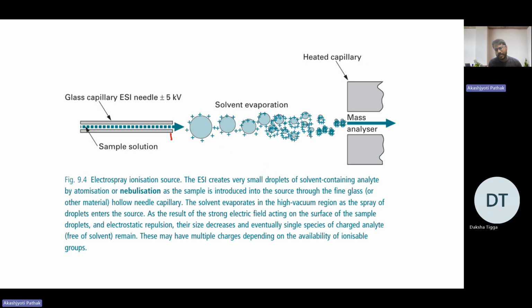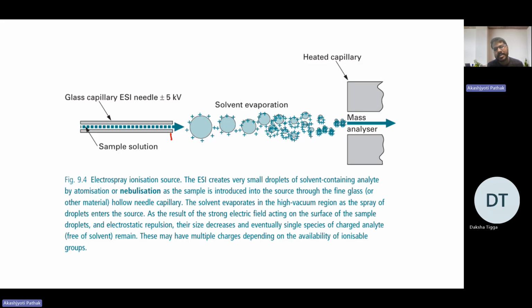As it moves through this vacuum chamber, the size of the solvent droplets will decrease, and because of this electrostatic repulsion, eventually single species of charged analyte free of solvent remains.